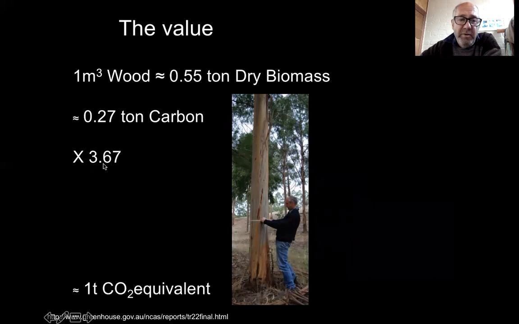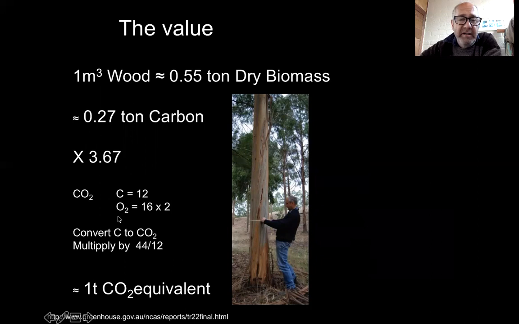We multiply by 3.67 because that is the amount of CO2 required to have that amount of carbon in it, and that will take us up to about 1 tonne of CO2 equivalent. So I've roughly put these in to show that a cubic metre of wood from an average eucalypt, even a light eucalypt, will have a tonne of carbon dioxide equivalent in it.